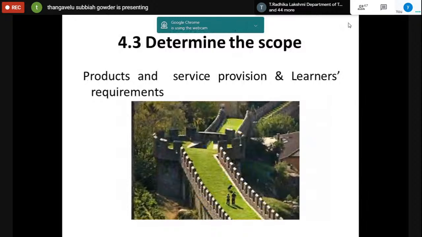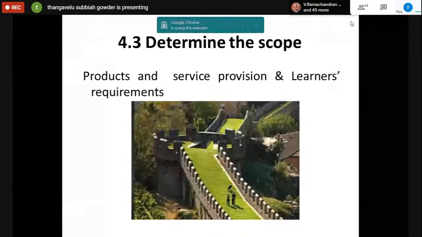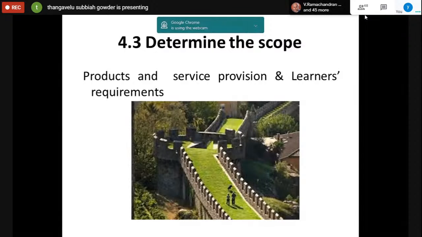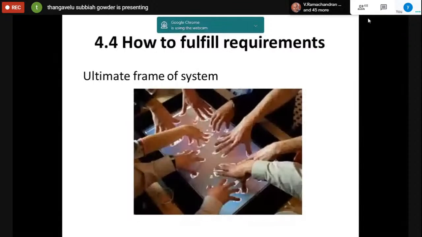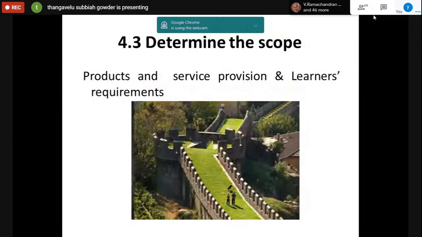Then we are going to have a scope statement in the ISO certificate, which will be given by TUV. We are going to state the scope for which classes it applies. We are going for certification for bachelor's and master's degrees, also for research scholars.